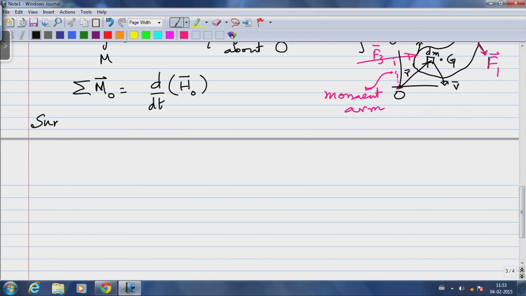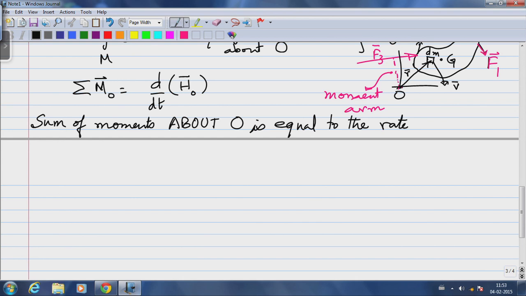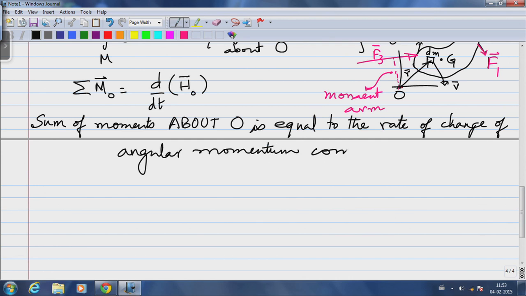So, we will write it in English: sum of moments about O is equal to the rate of change of angular momentum computed about O, an axis through O.